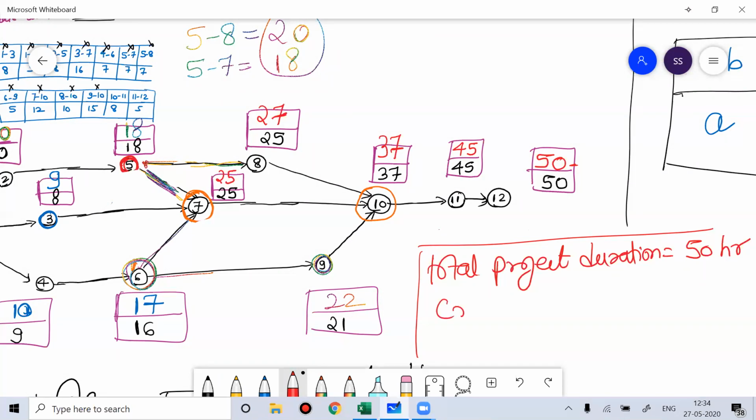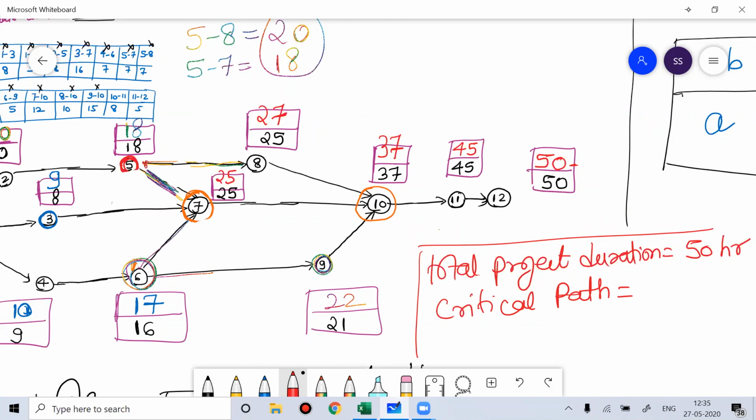Now if I ask you, tell me the critical path. The total project duration is 50 hours, you can see that very easily.